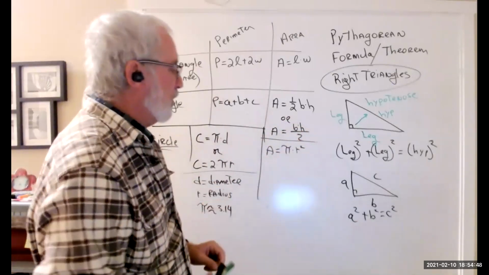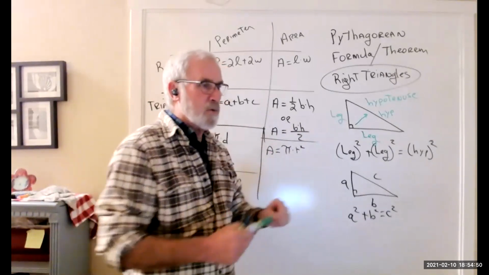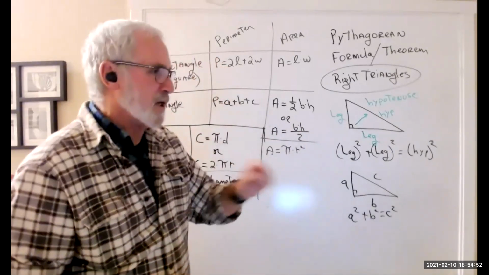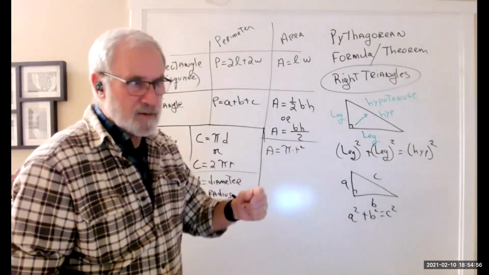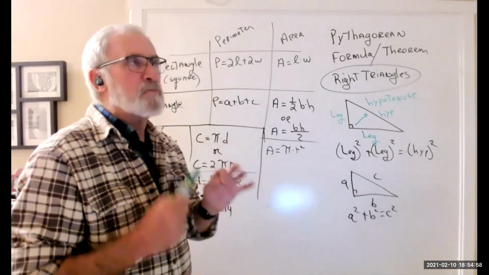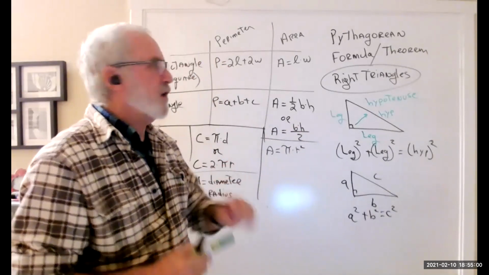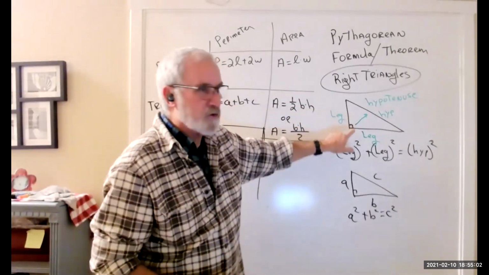And for what it's worth, when you get to Math 104, which is supposed to be the next course that most of you are taking, trigonometry, it's based almost entirely on this concept.